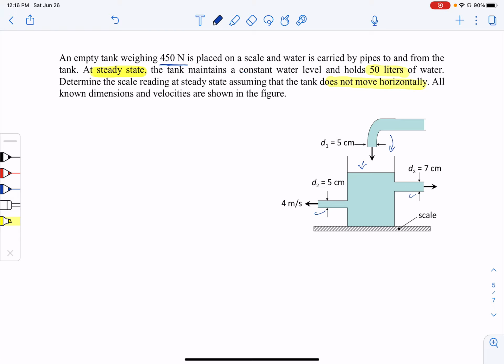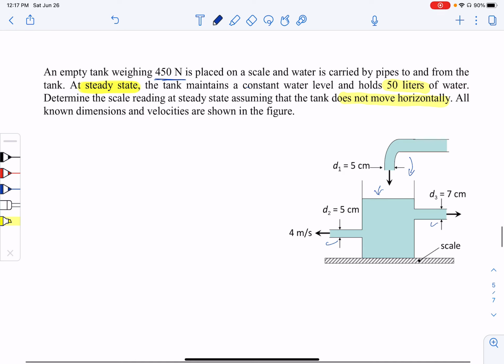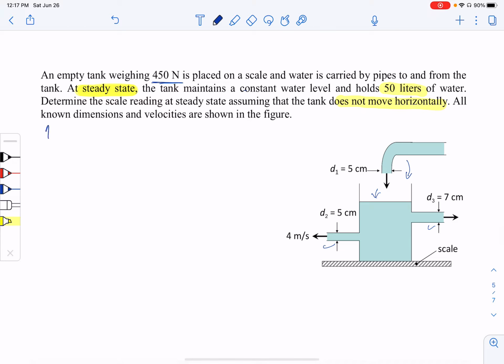So always when you want to solve the equations, first you need to write down whatever you have, and then whatever the question asks for, right? So let's write down what you have. You have the weight of tank, which is 450 newtons. You have the volume of tank, which is 50 liter.